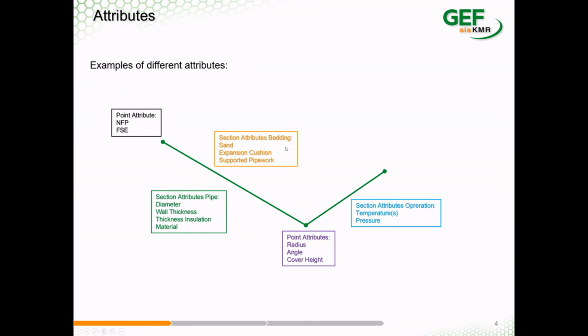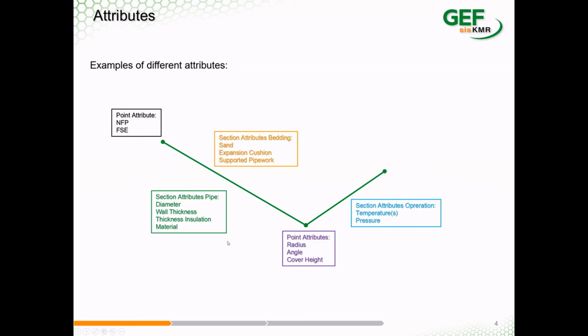And as we distinguish between points and sections, the attributes of these two objects are also different. As an example, point attributes are, at the beginning, a natural fixed point or free system end. At a bend we have a radius or an angle, or it could be a cover height.